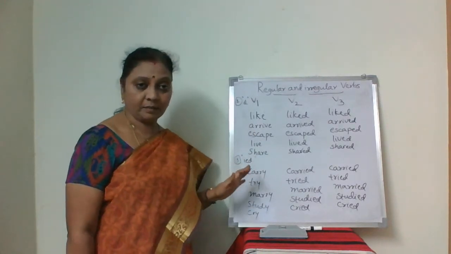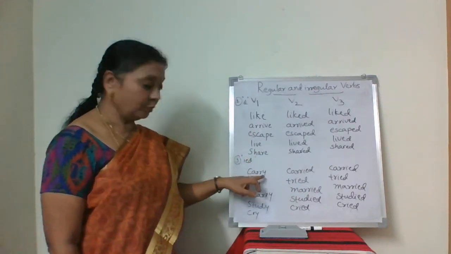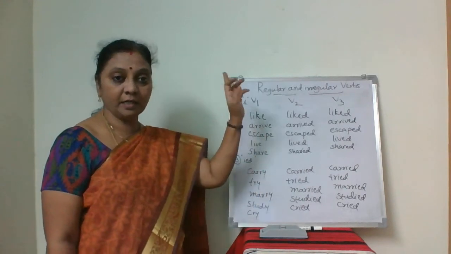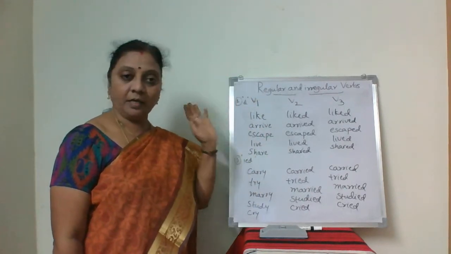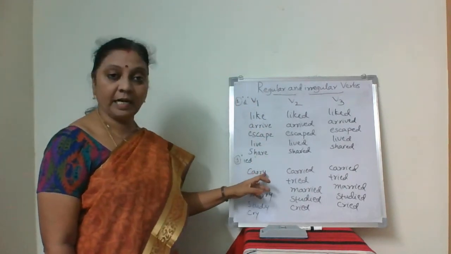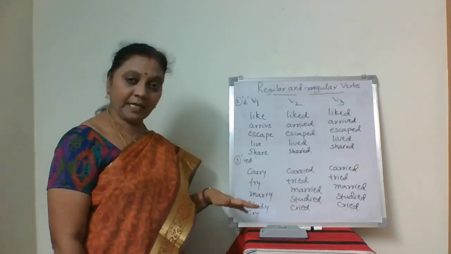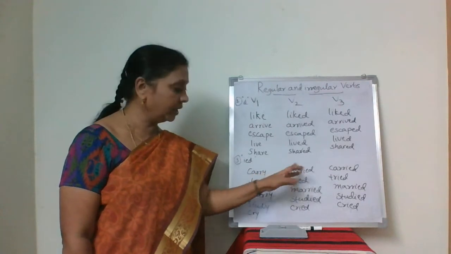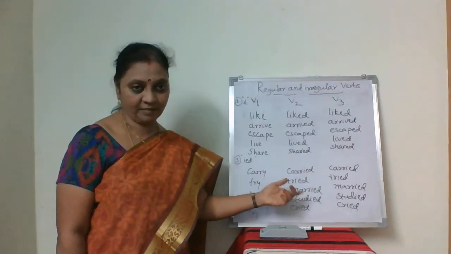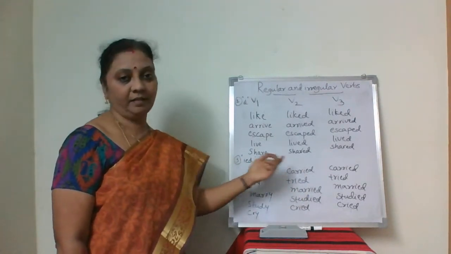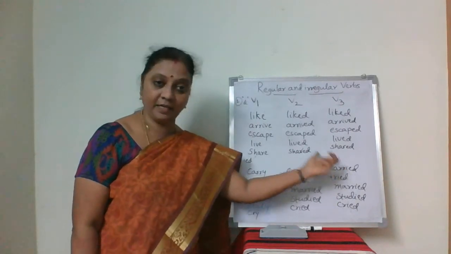One more pattern, like they end with y. Like with singular and plural, that is noun and number, we have seen. The words ending with y, the y is dropped, and we are adding ied here, isn't it? So carry, carried, carried.